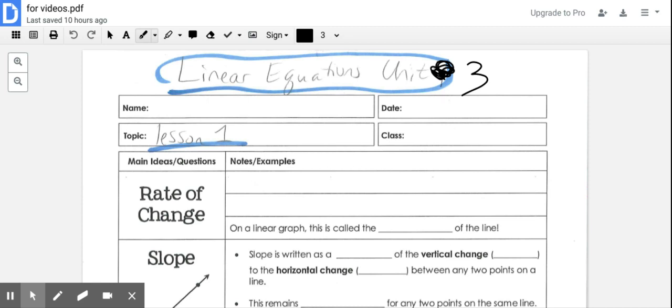Okay, this unit is called linear equations, and we are going to practice writing and graphing different equations. If you remember back in 7th grade, rate of change was like the unit rate, and that is a ratio.